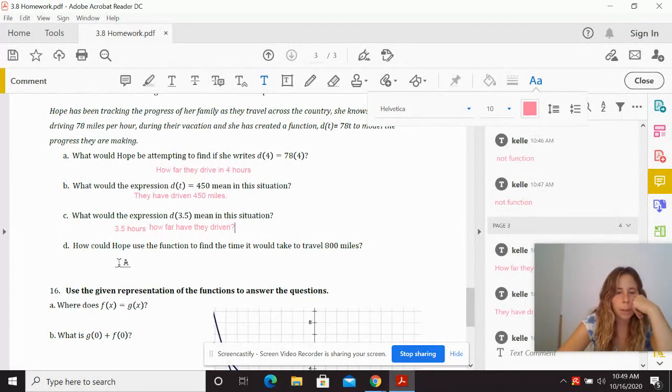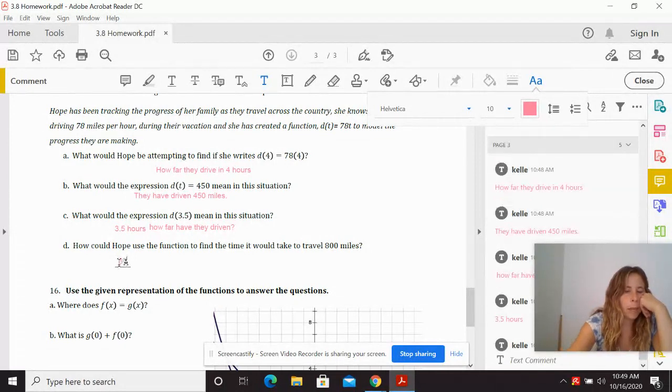How could Hope use the function to find the time it would take to travel 800 miles? 800 miles is the distance, so 800 equals 78t, and then you would solve for t by dividing by 78, 800 divided by 78.